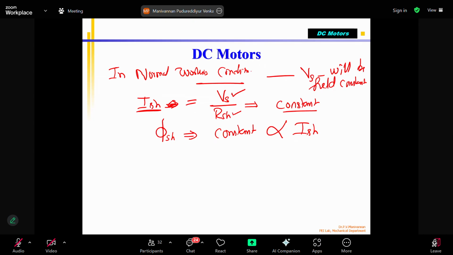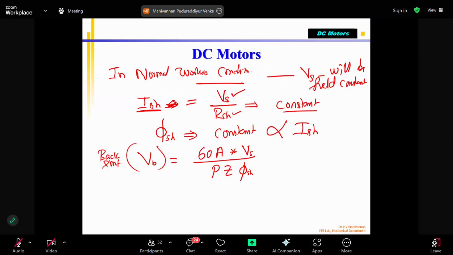we wanted to find out how much the back EMF generated will be. VB, the back EMF, is generated in the DC motor armature coil because it is rotating. Back EMF generated in the armature coil, VB, is proportional to this equation: 60A into VS divided by P into Z into phi, or I can say phi shunt because we are using phi shunt.